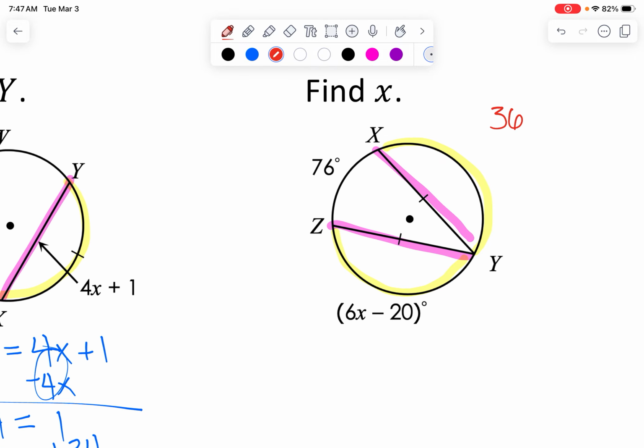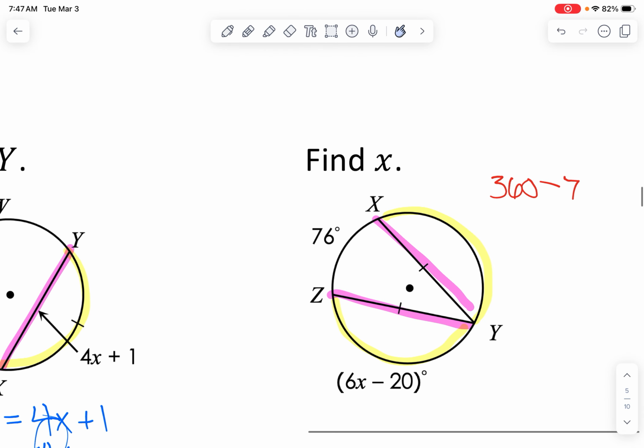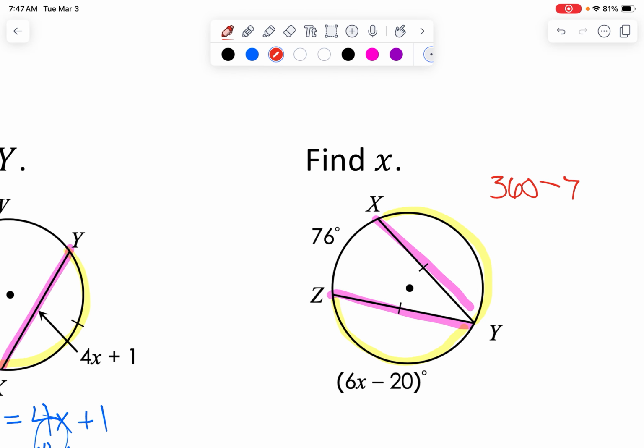So if I go 360 minus 76, that's going to give me 284 degrees. Okay, so that yellow arc that I just made there is 284.